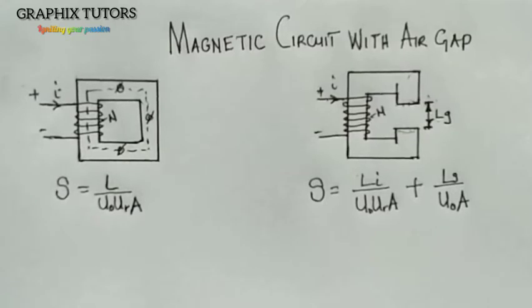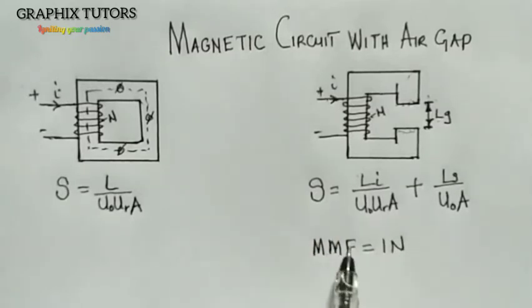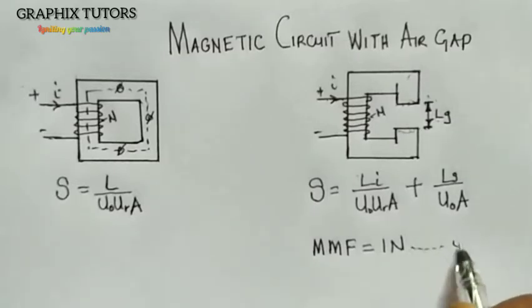Now let's move forward. We know very well that MMF is equal to IN. That is, our magnetomotive force is equal to IN, right? Let me call this equation 1.